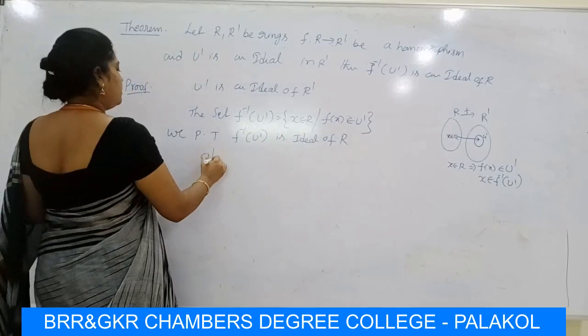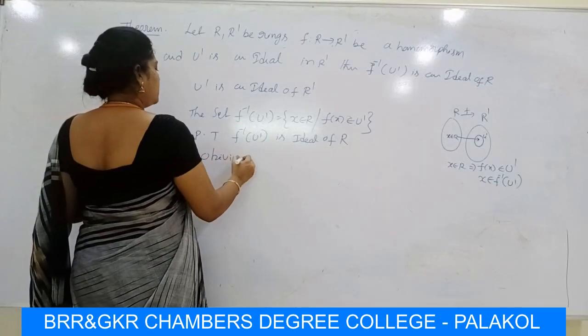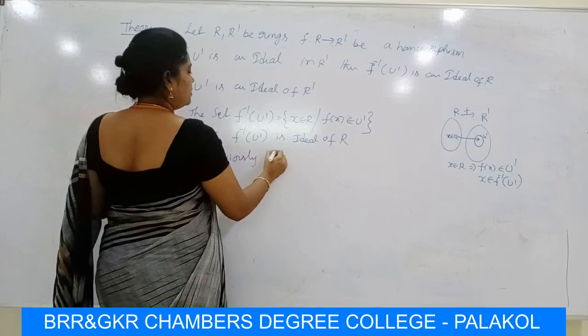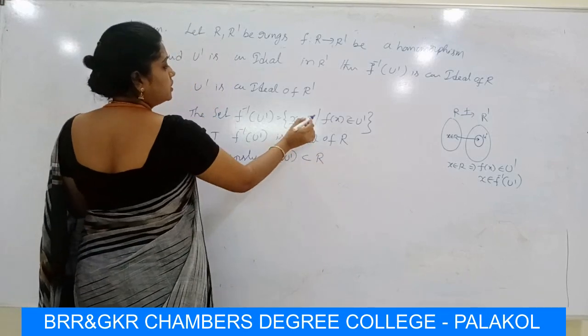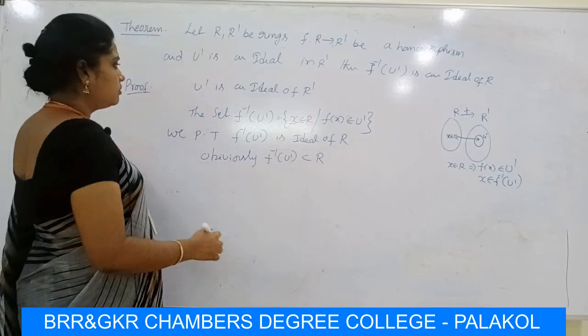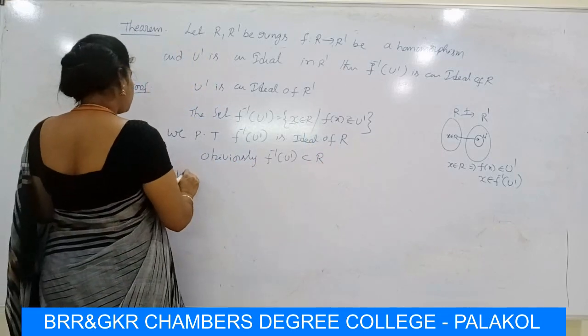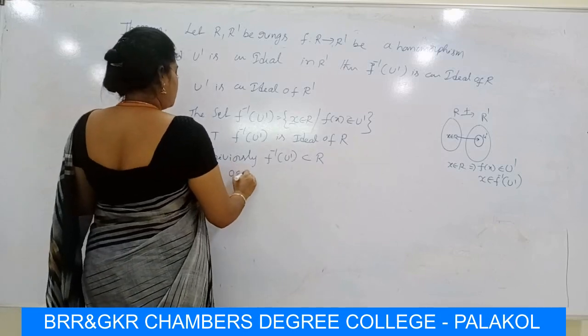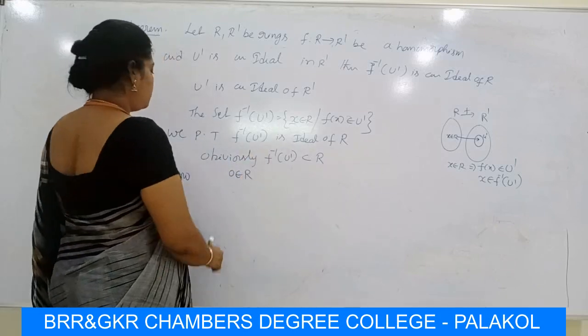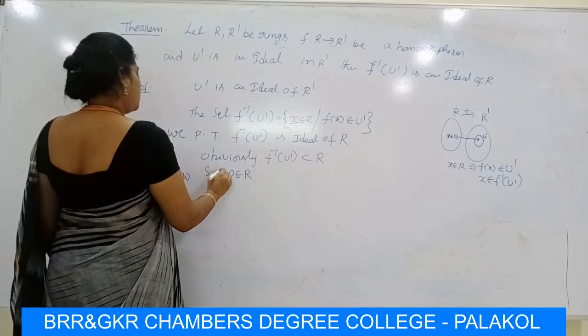Obviously, f inverse of U dash is a subset of R because it contains elements of R. Now 0 belongs to R because R is a ring.